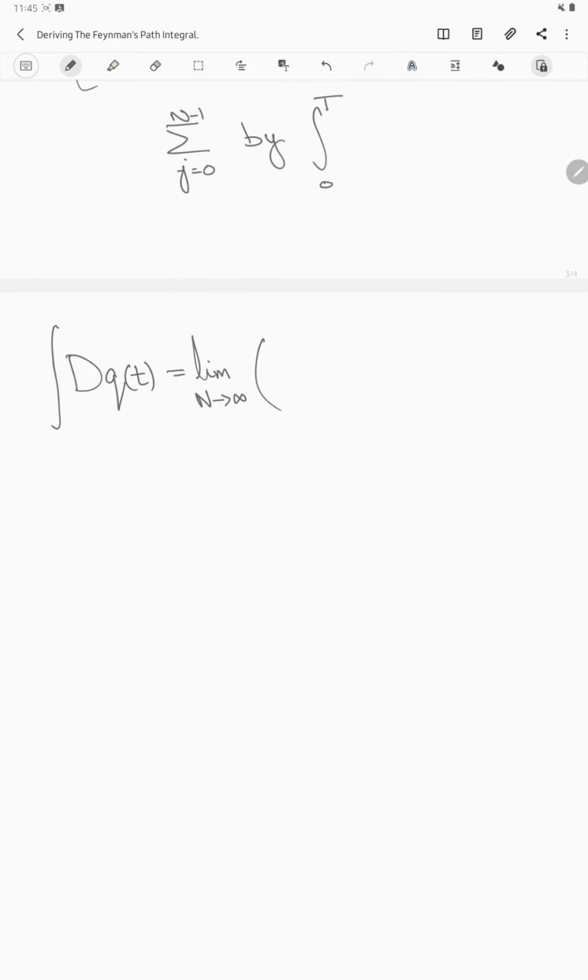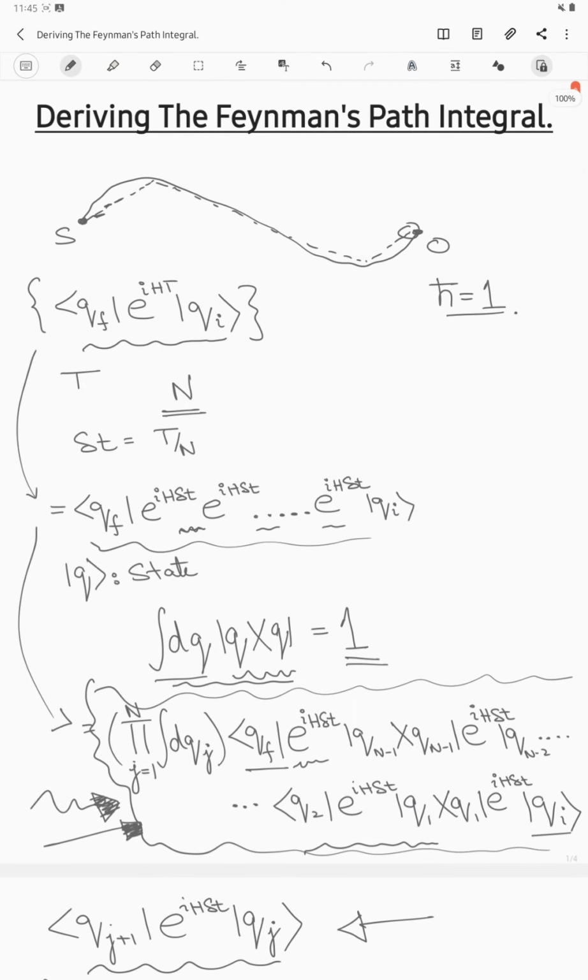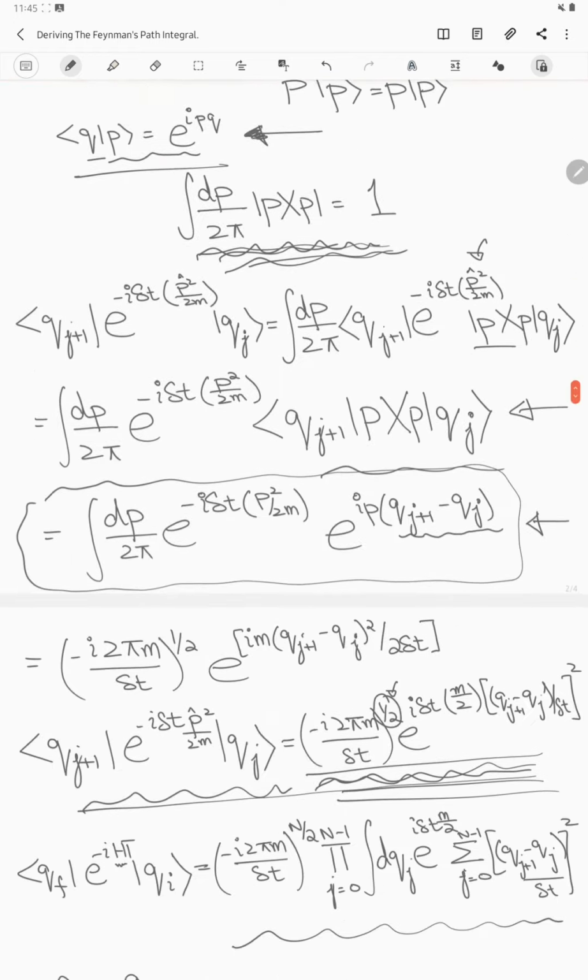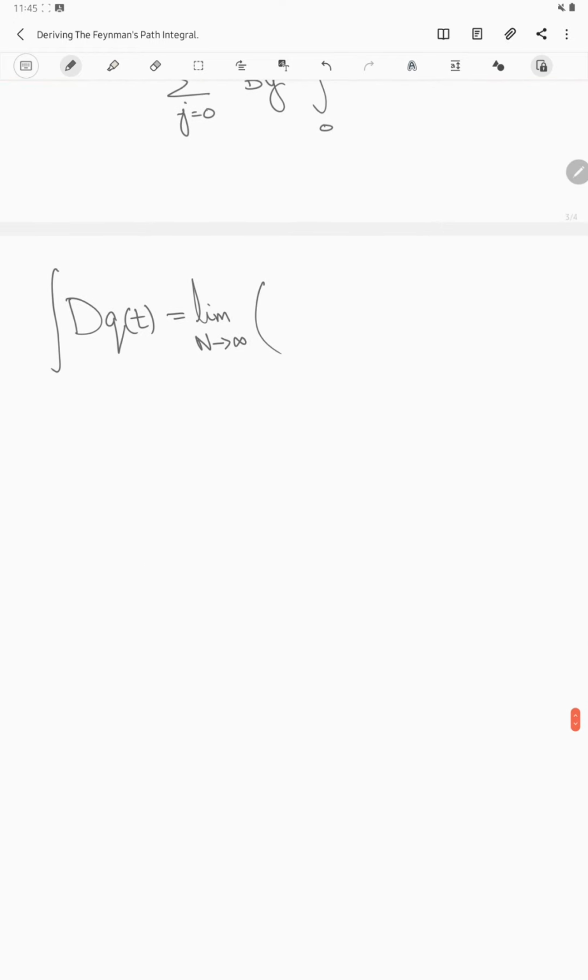If you go back up here, these were your segments, and we have to take all of these segments to infinity so we can make this a continuous line. Okay, so let's go back down. You have negative i 2πm.